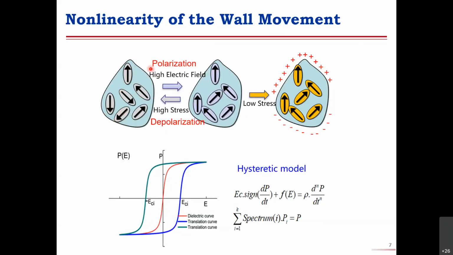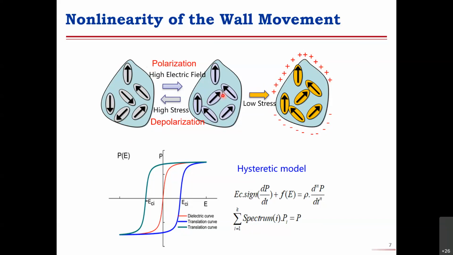And when it is subjected to a high electric field, this is the polarized state. And then if we apply a low stress on this ceramic, it will generate electric charges.